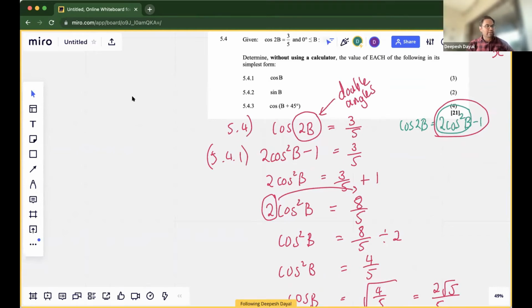You can use the very same method with cos B and the double angle formula. I'll give you 2 or 3 minutes and we can see what the answer is. Just type your answer in the chat once you're done.